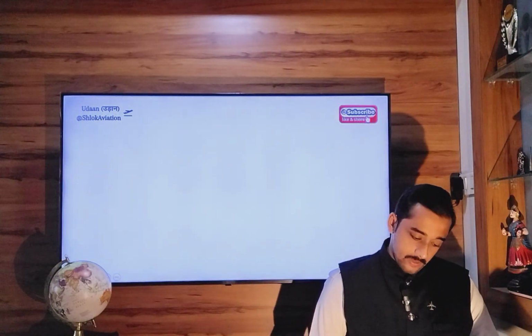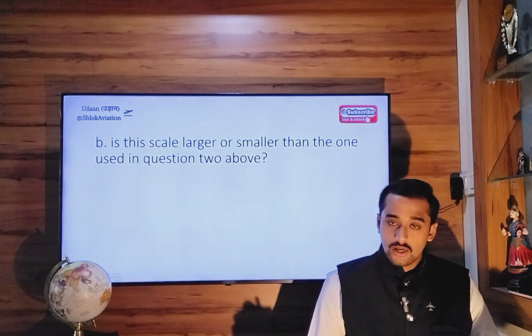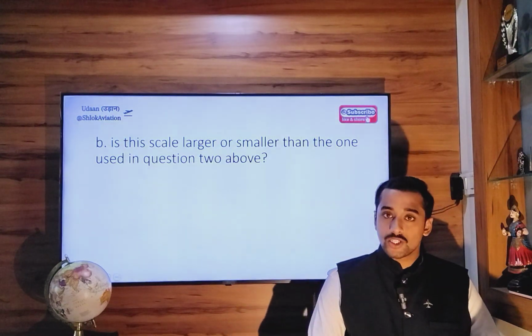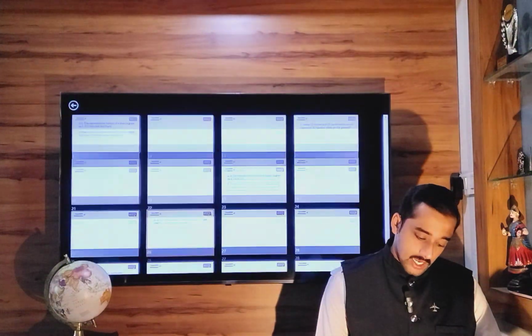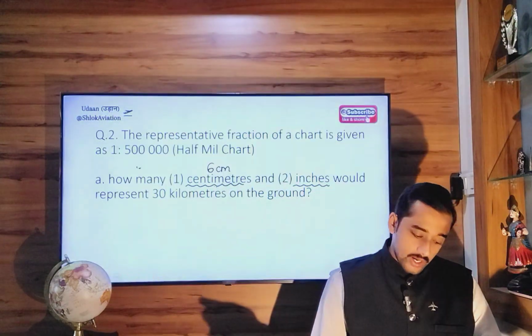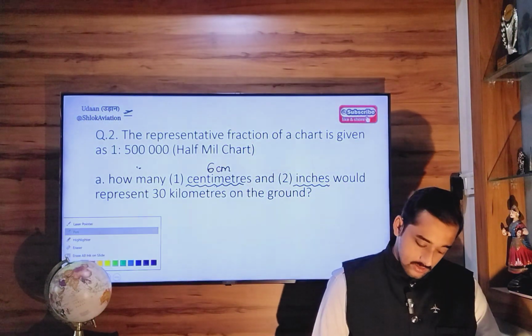Next question. Is this scale larger or smaller than the one used in question 2 above? Now in question 2, the scale was 1 divided by 5 lakhs.